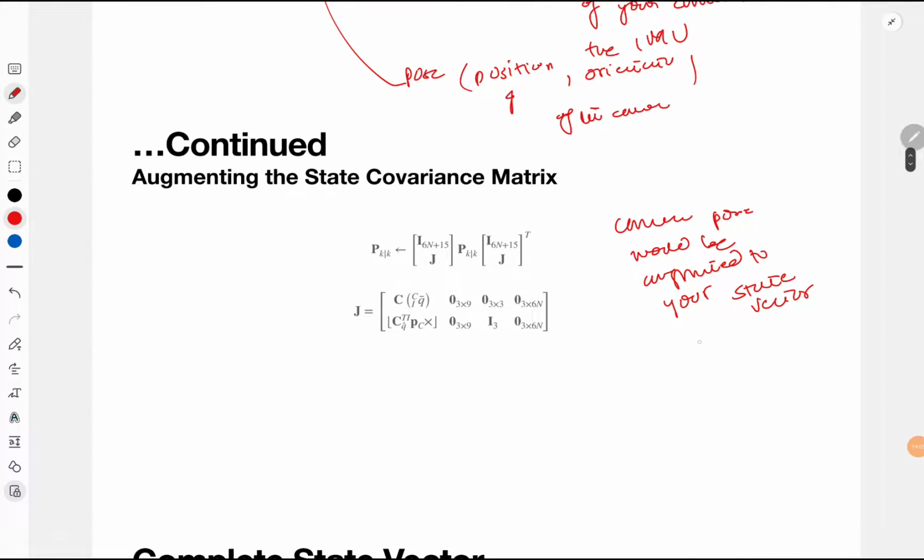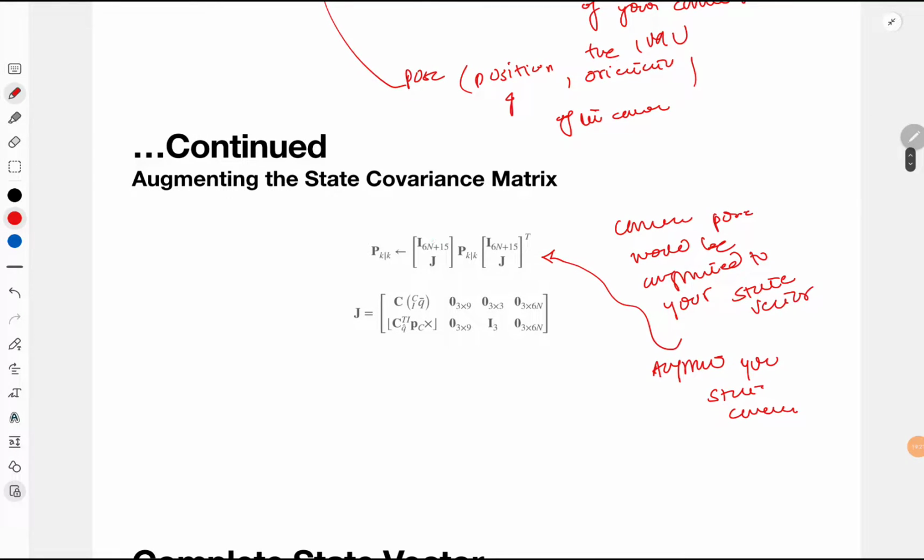So they also need to be represented in the state covariance. So this is how you would augment your state covariance. So this n here represents the total camera poses.